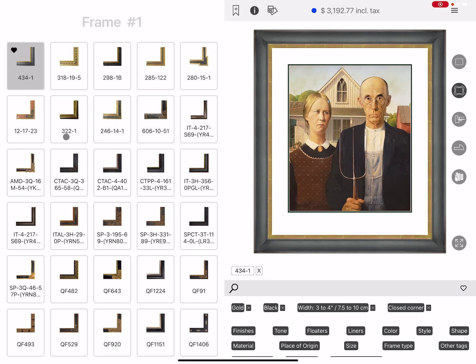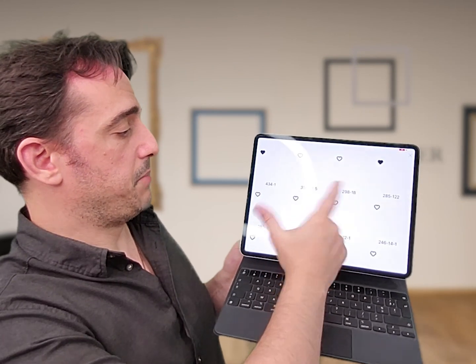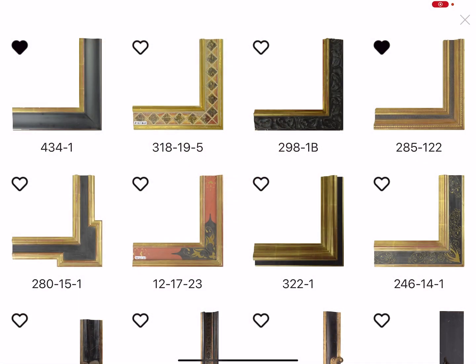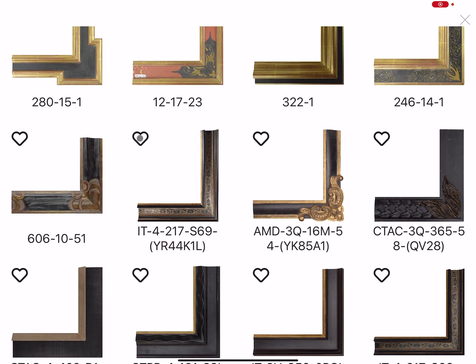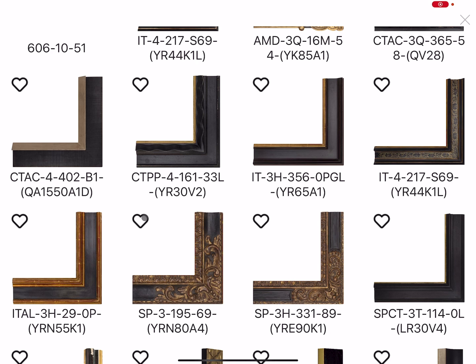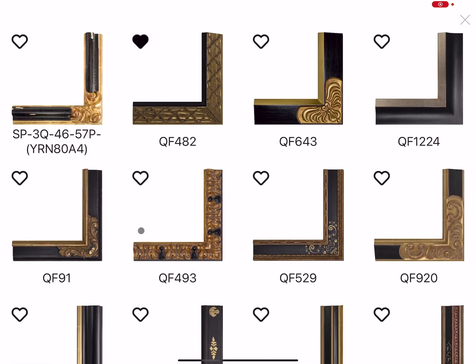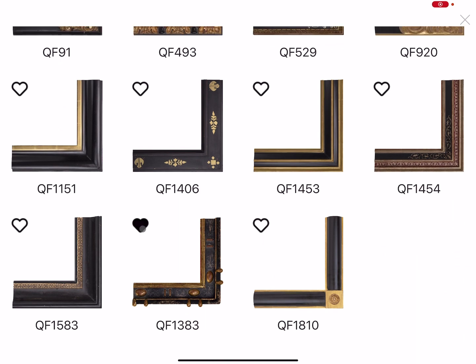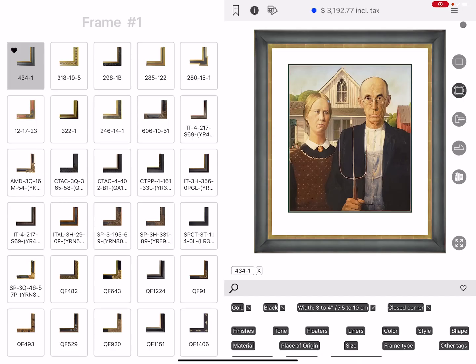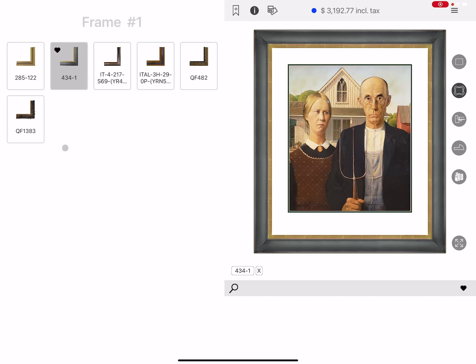If I do this gesture here with pinching out, I can open bigger size images. And then here I can scroll down and like all the frames that I'm potentially interested in. So here we are, and then I can close this page. And when I click here on this heart here, I can see all the frames that I liked.